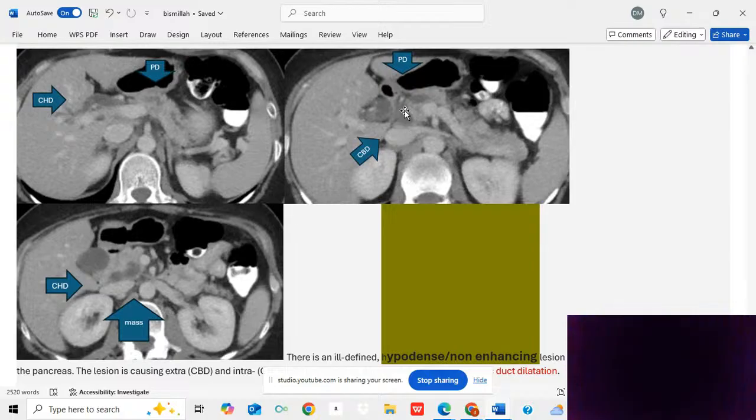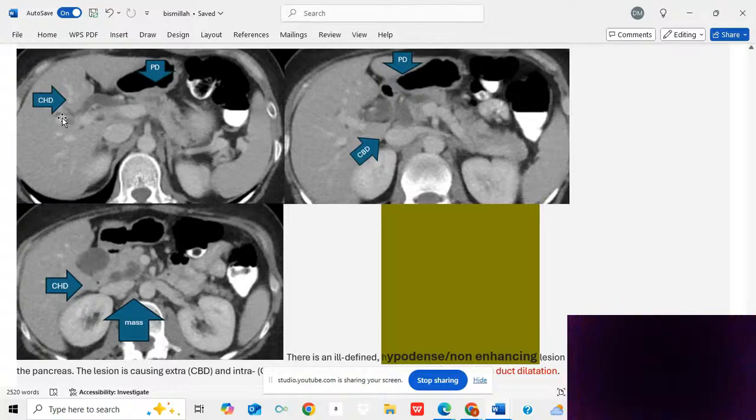So how to know that this is the common bile duct and it's not the pancreatic head cancer? I will tell you my trick here.